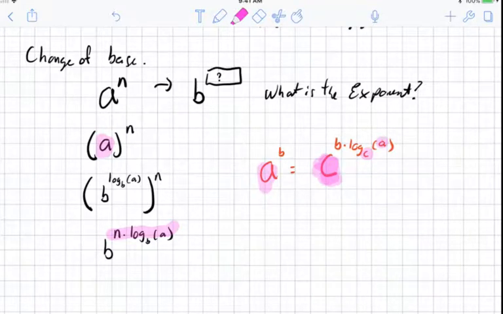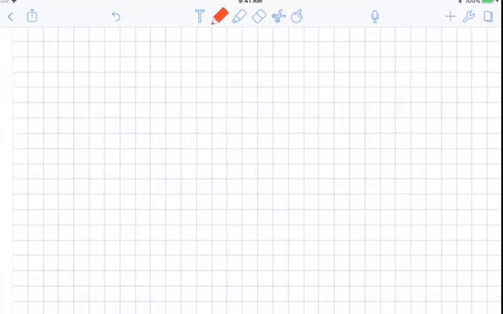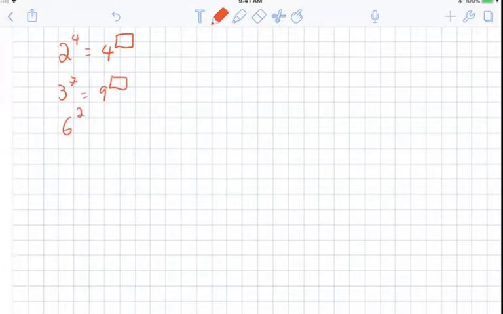Okay? So let's practice. Why don't you pause the video after I finish copying this out and figure out what goes in the blanks. There's some weird numbers that go in the blanks. Try it yourselves. Pause the video. Give it a go.